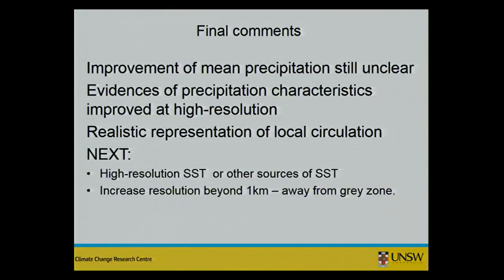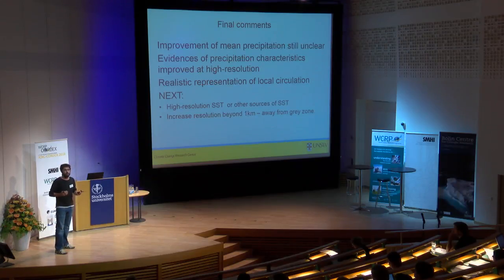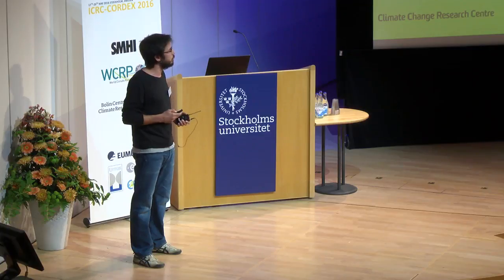But I think I showed some evidence that the precipitation characteristics are more realistic when we go to high resolution. And this means that we are more confident in what we're doing. It's not probably giving us the right mean precipitation, but the underlying processes that give us that precipitation are more realistic at high resolution.